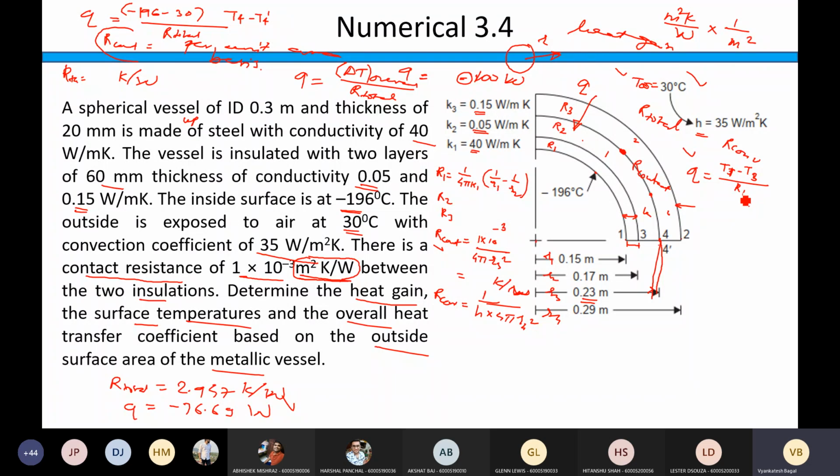So Q is known, R1 is known, T1 is known. You can find out T3, right? So similarly, use the same expression for this layer, then the same expression at contact resistance. So at contact resistance, you will write it like this: T4 minus T4 dash divided by R contact, right? And you can find out this temperature T4 dash. T4 will be known from this layer. Are you getting my point or not?